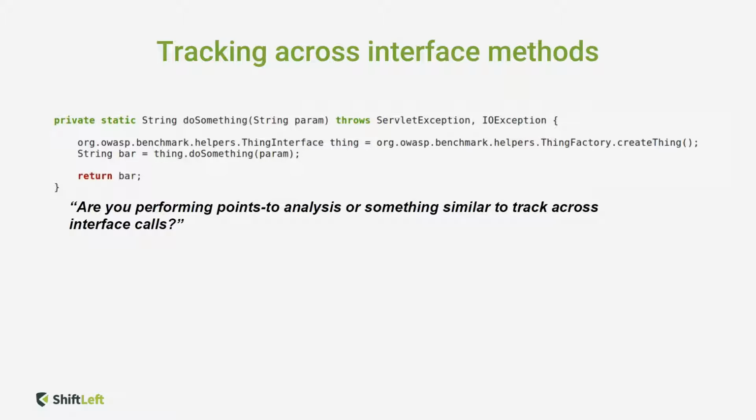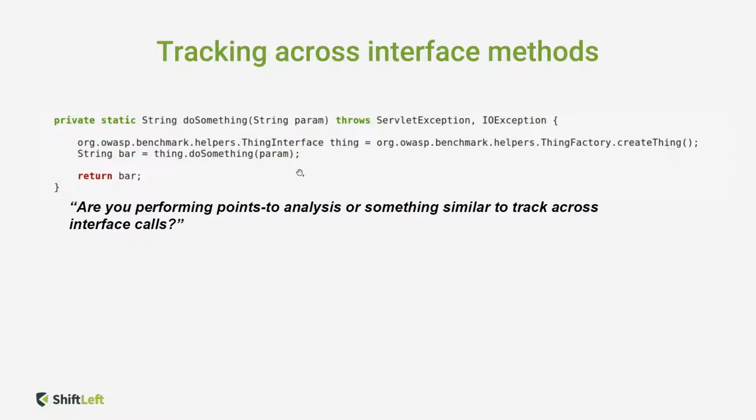You also need to be able to track data across interface methods. So let's say you have an object called thing and you call a method called do something on that. Well, then you need to trace back to see that it is created by this factory. And if you look into the factory, you'll see what kind of object this is.